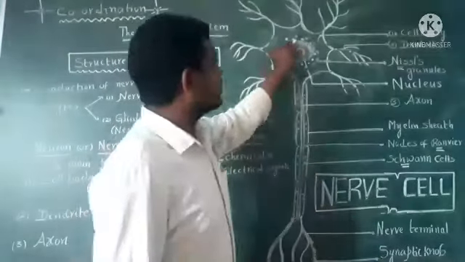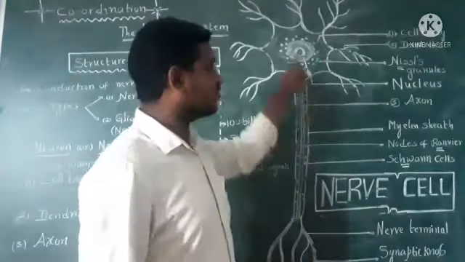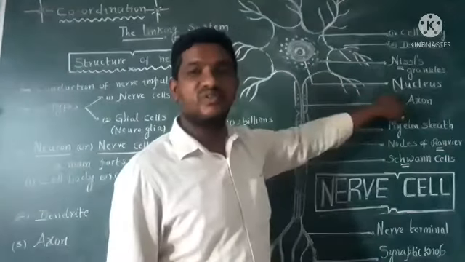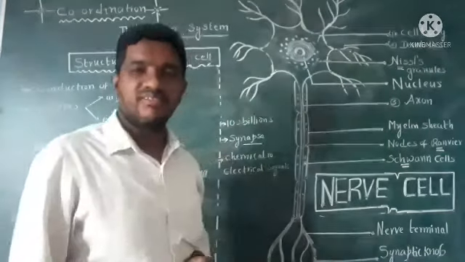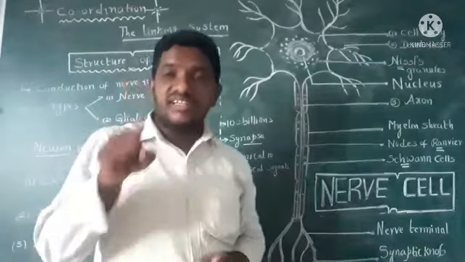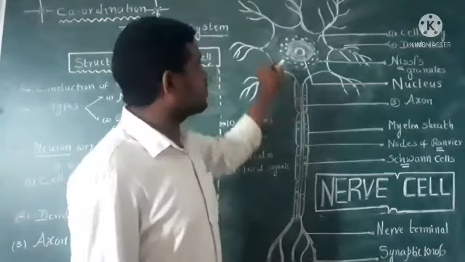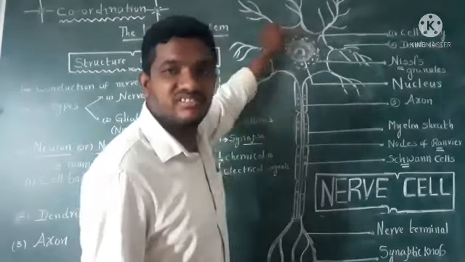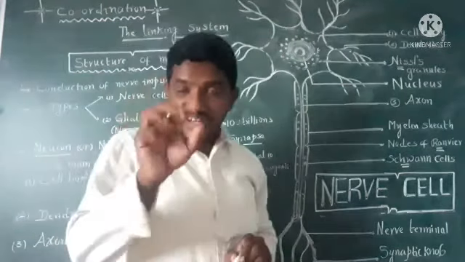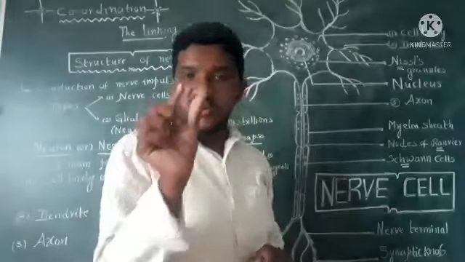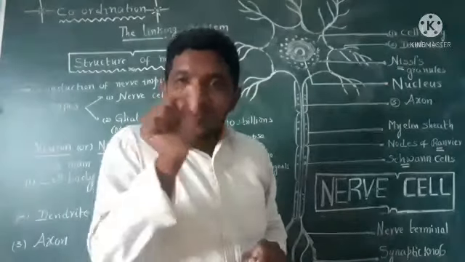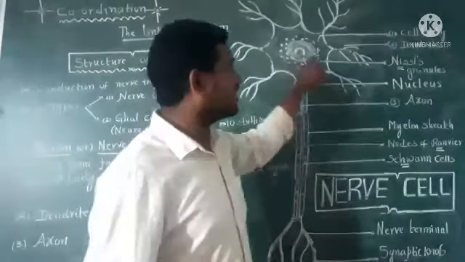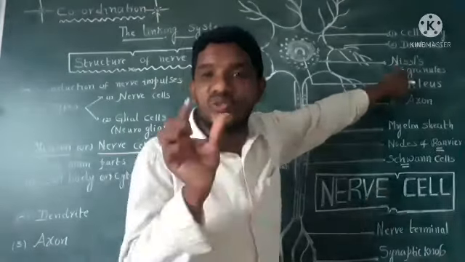This is a round dense body. Around the nucleus there are small round granule-like structures. Those are called Nissl's granules.